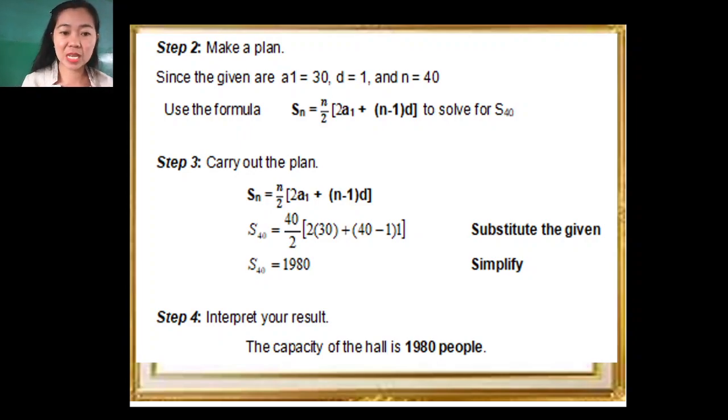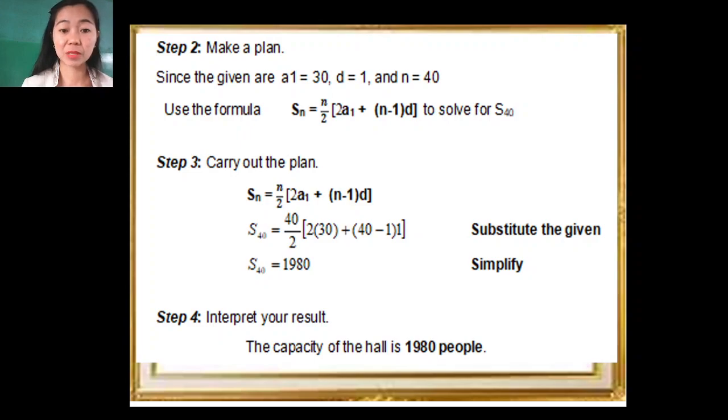S sub 40 is equal to 40 as the value of n over 2 times the quantity of 2 multiplied by the first term, 30, plus the number of terms, 40 minus 1 times the common difference, which is 1. So, isimplify natin yung nasa loob ng parenthesis or ng bracket.